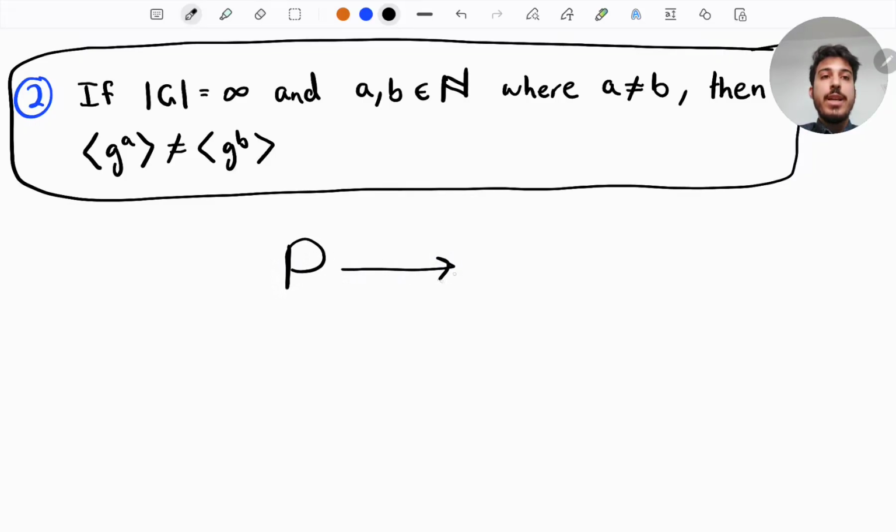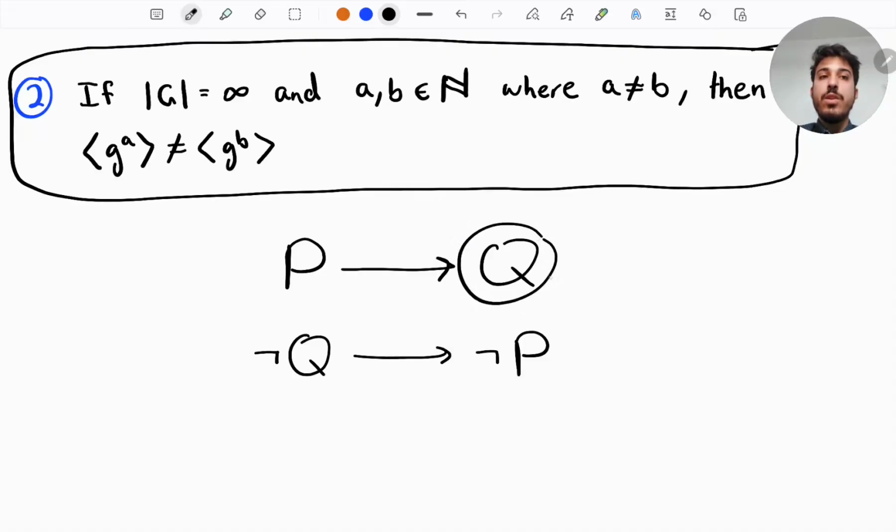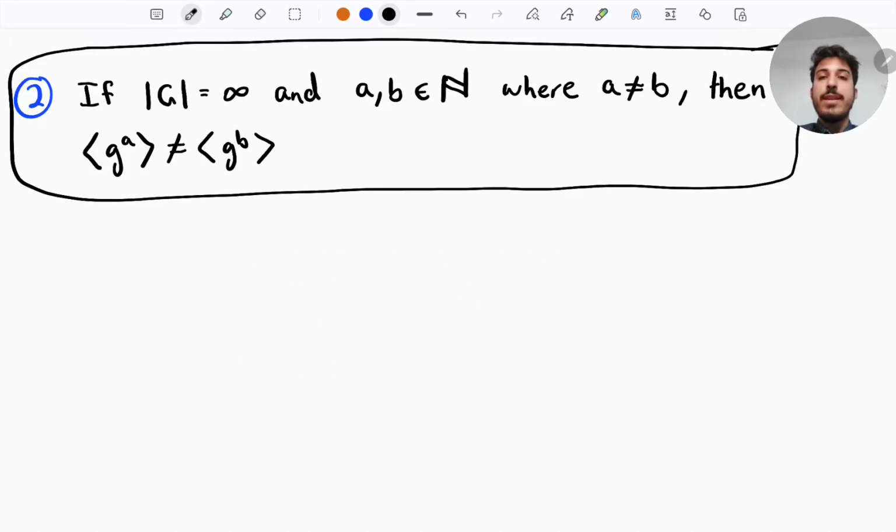So P implying Q is the same as saying not Q implying not P. So just assume the opposite of Q and reach the conclusion, which is the opposite of P, and those two implications are equivalent.